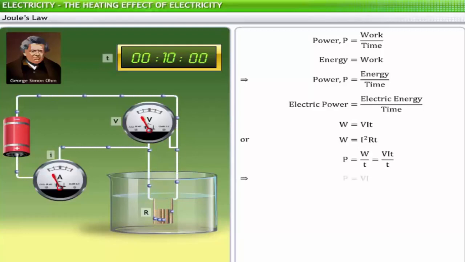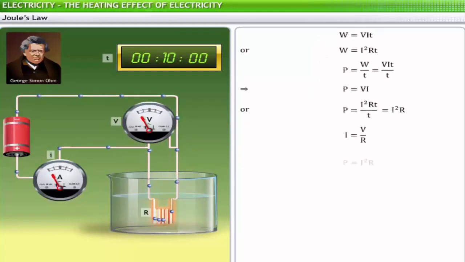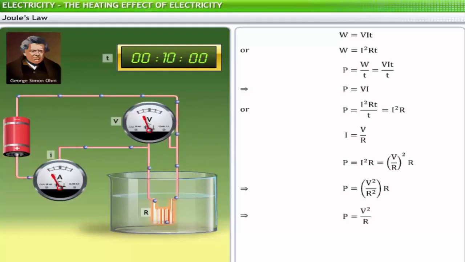This implies P is equal to VI, or P is equal to I squared Rt by t. This implies P is equal to I squared R. Substituting V by R for I in the expression P is equal to I squared R and simplifying, we get electric power equals V squared by R.